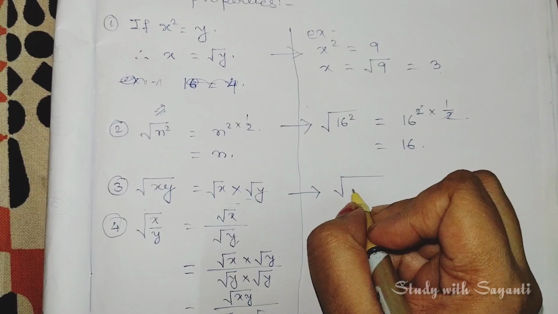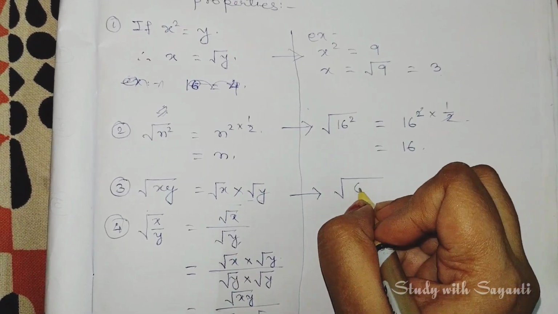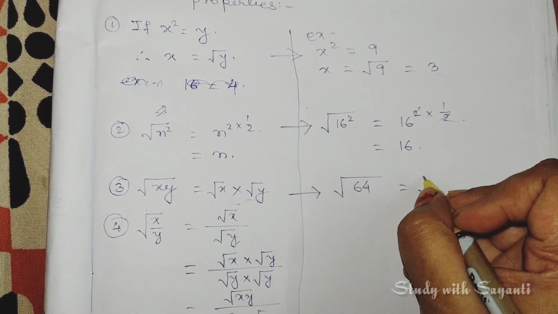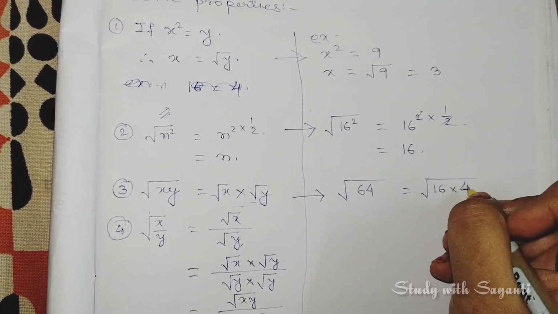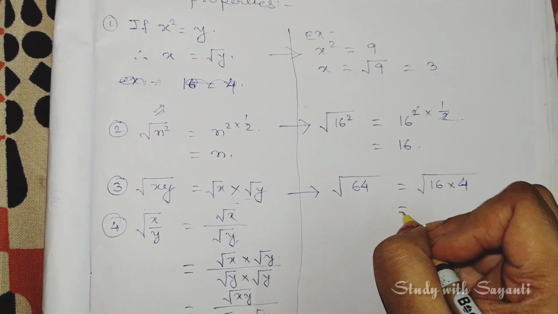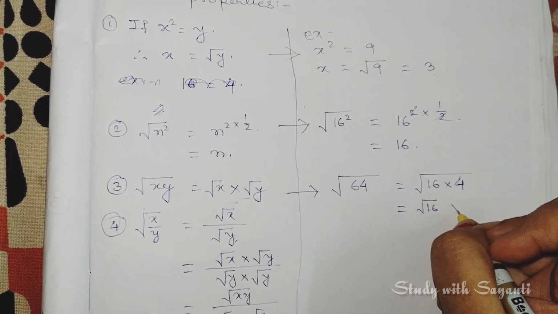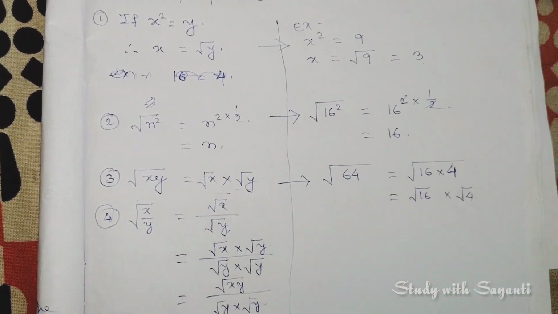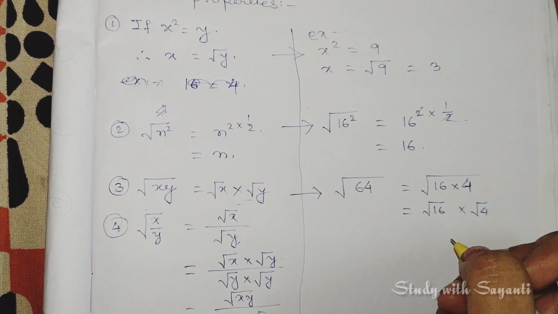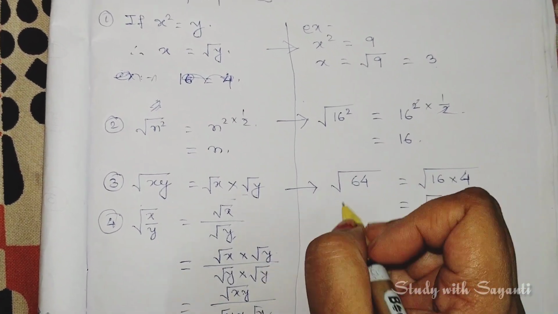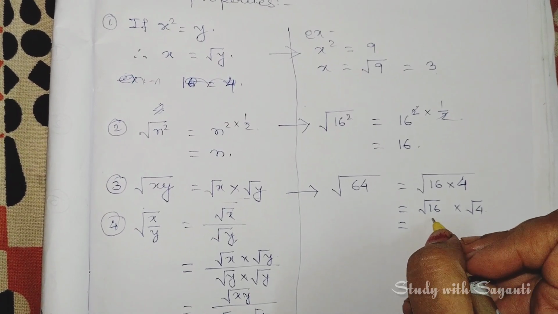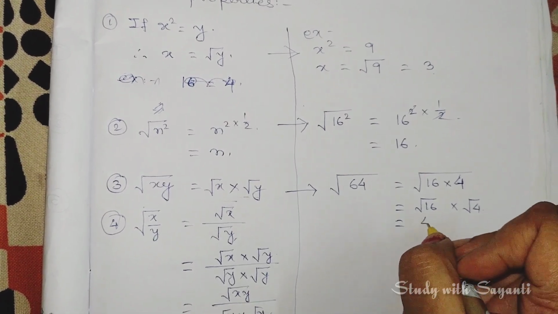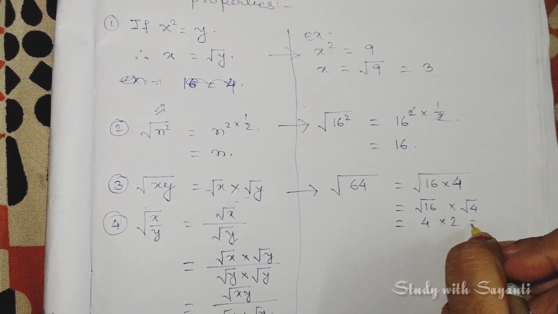Now for this one, suppose it is root 64. We can write it as 16 into 4. Both are square numbers, 16 and 4. So it is root 16 into root 4 using that property. Root 16 equals 4 and root 4 is equal to 2.